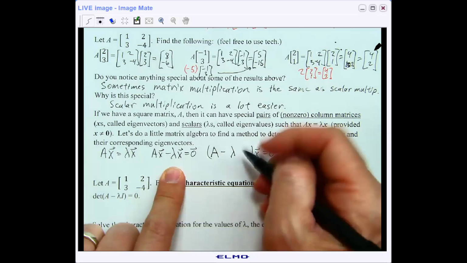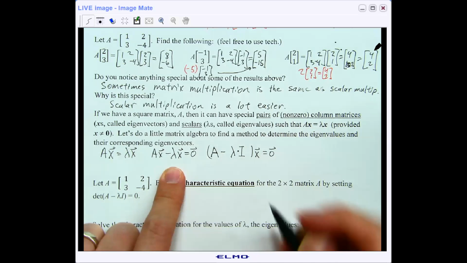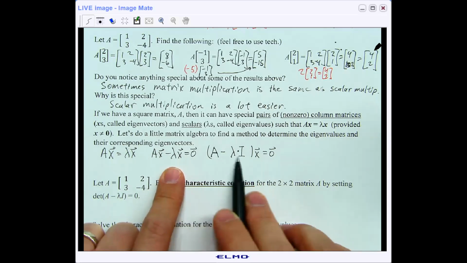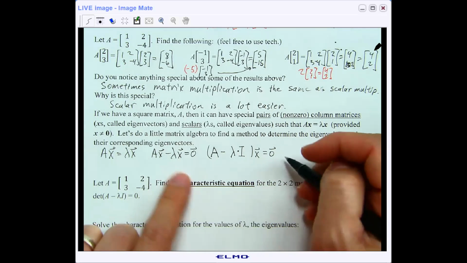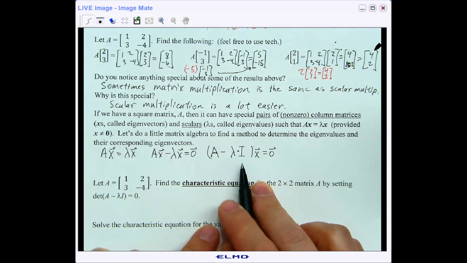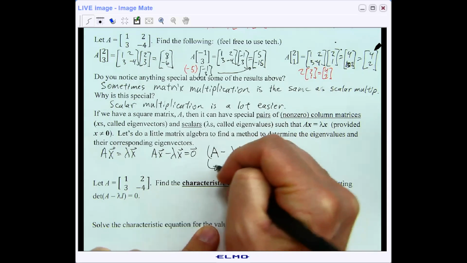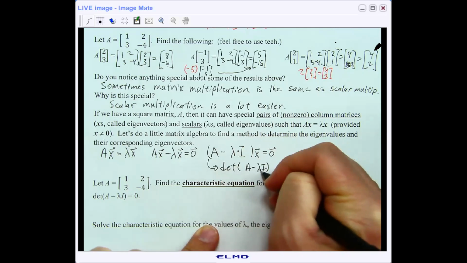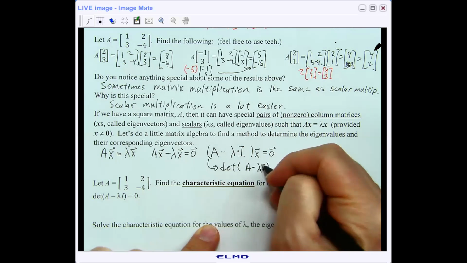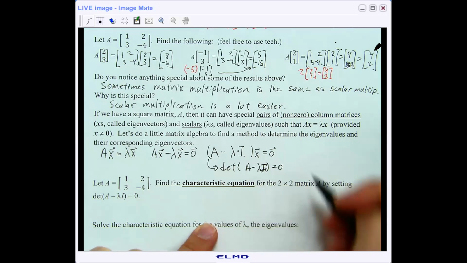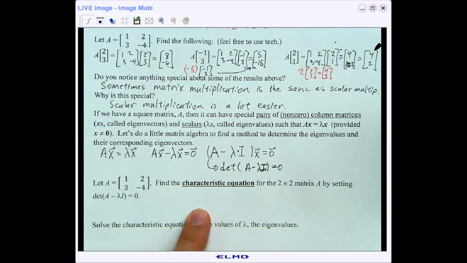So to make this true, I have to multiply by the identity so that I can do a matrix minus a matrix of the same size. This leads us to our characteristic equation. We take the determinant of A minus lambda I, where lambda is an unknown number, and then we set that equal to 0 to find our characteristic equation. Let me pause this video and we'll pick up right there in the next.